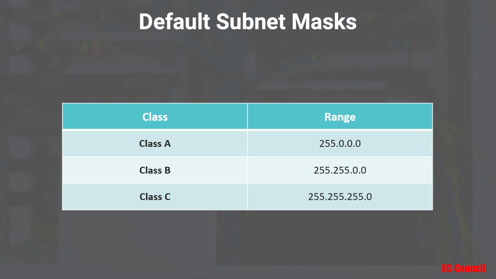We have Class A, which is 255.0.0.0, Class B, 255.255.0.0, and Class C, 255.255.255.0. And these here are the default subnet masks for each of the address classes A, B, and C.